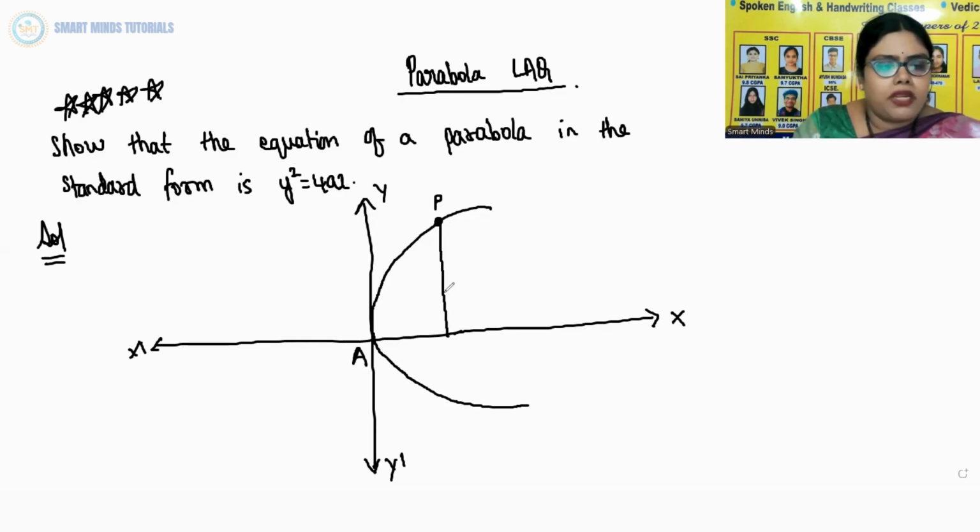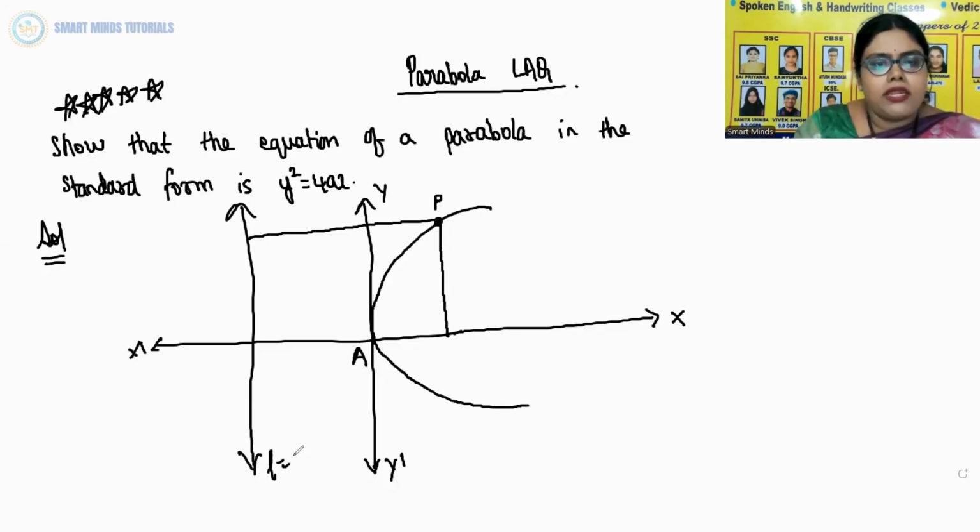This is one perpendicular and this is the directrix. And we drop another perpendicular on the directrix. Directrix is given by L is equal to 0. And the point which is intersecting the directrix and x-axis, that is Z.